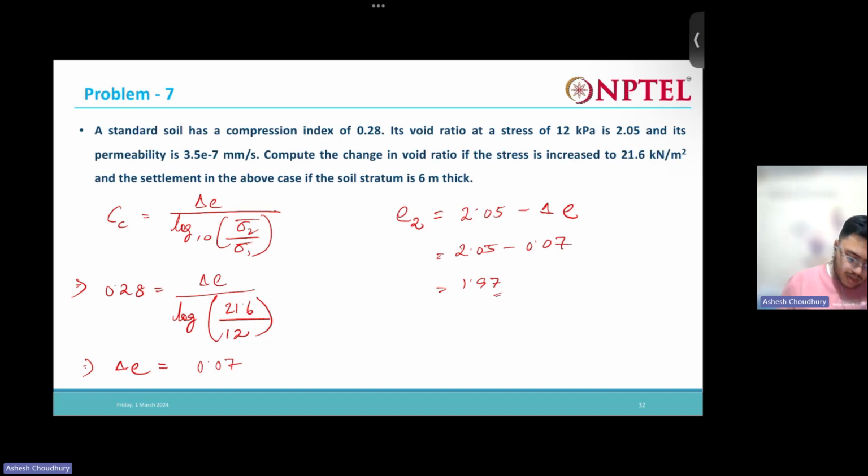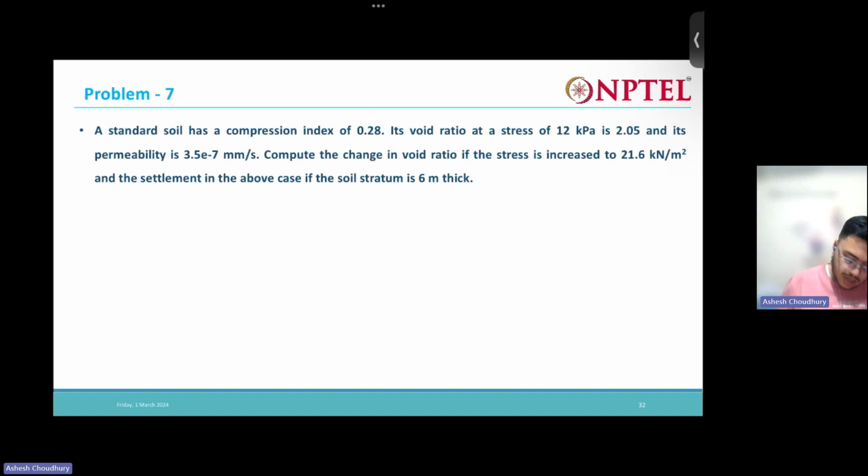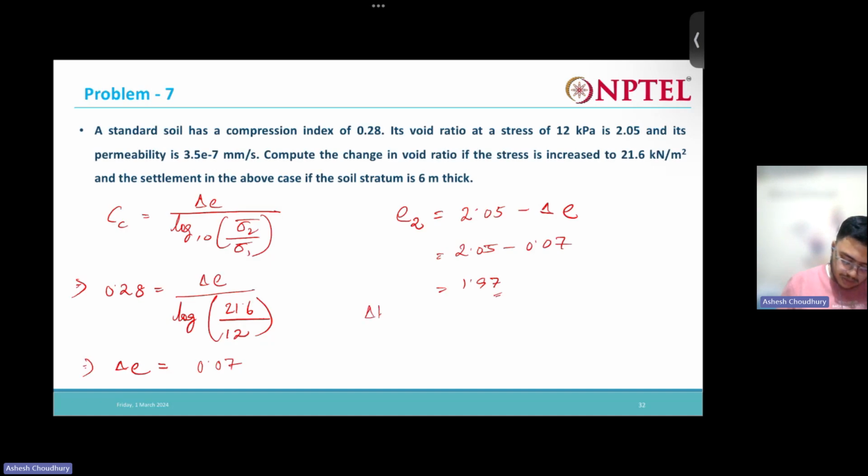Now delta H by H can be written as delta e by 1 plus e naught. Now this delta e I can replace by Cc log of sigma final by sigma initial, by 1 plus e naught.